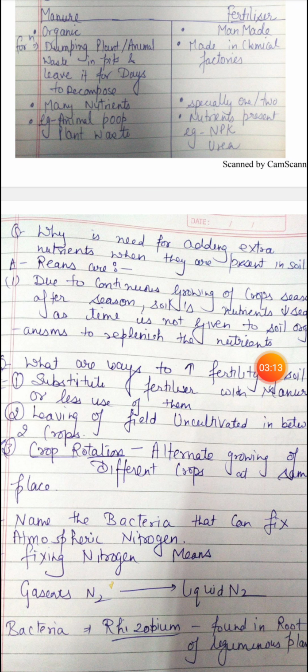Some soil nutrients are also absorbed by the roots, so they are no longer present in the soil. So there is a deficiency of these nutrients in the soil. To regain that, to replenish it, to give it back to the soil, we add manure and fertilizer.